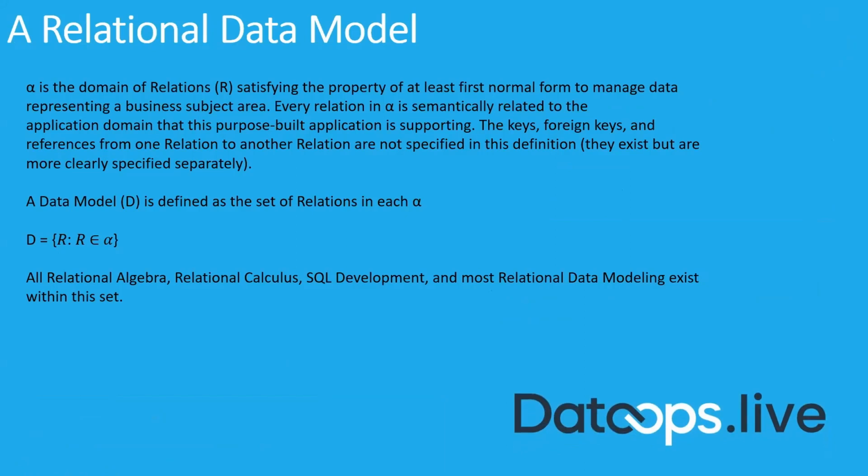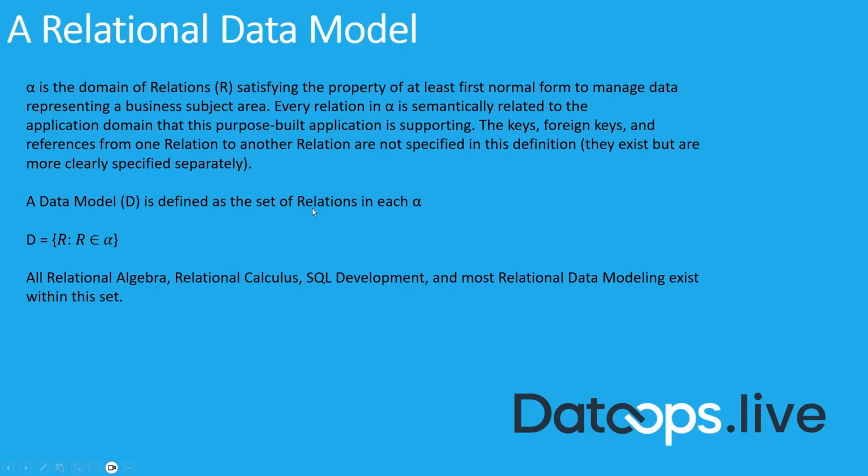Now, a relational data model. I kind of had to put this together because I could not find anywhere a good mathematical representation of what a relational data model is, and I needed that for some other research that I was doing. So I just put one together. It's very simple.